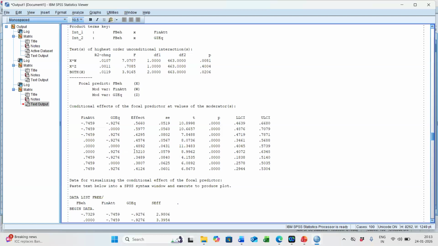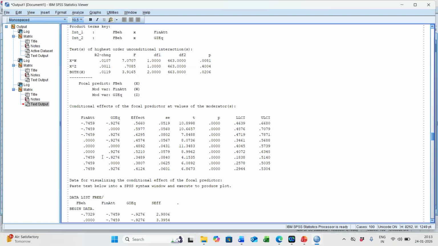So you can see a similar pattern when the level of gender equality increases. The moderating effect of financial attitude is actually increasing. We are considering both the moderating variables together.